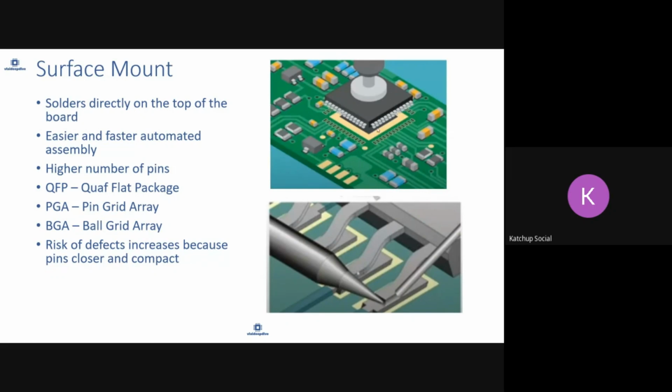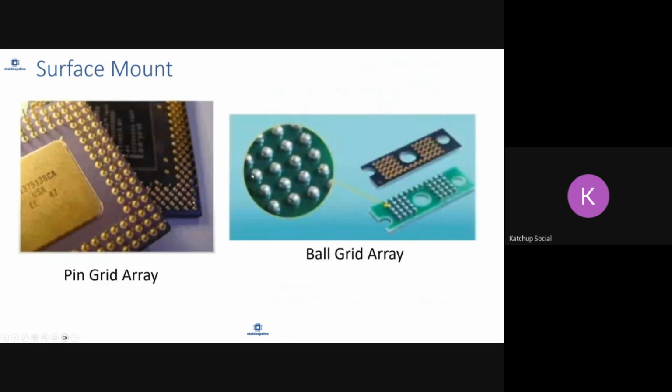But because the pin distance was decreased and it was highly automated, there was increased risk of defects, because pins were very close to each other and very compact. Some of you would have seen this kind of package, like the pin grid array.